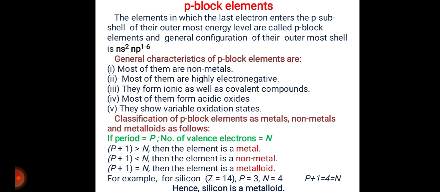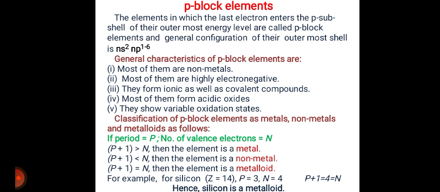The classification of p block elements as metal, non-metal and metalloid is as follows. If the period is P and the number of valence electrons is N, if P plus 1 is greater than N, then the element is a metal. If P plus 1 is less than N, the element is a non-metal. If P plus 1 is equal to N, the element is a metalloid.